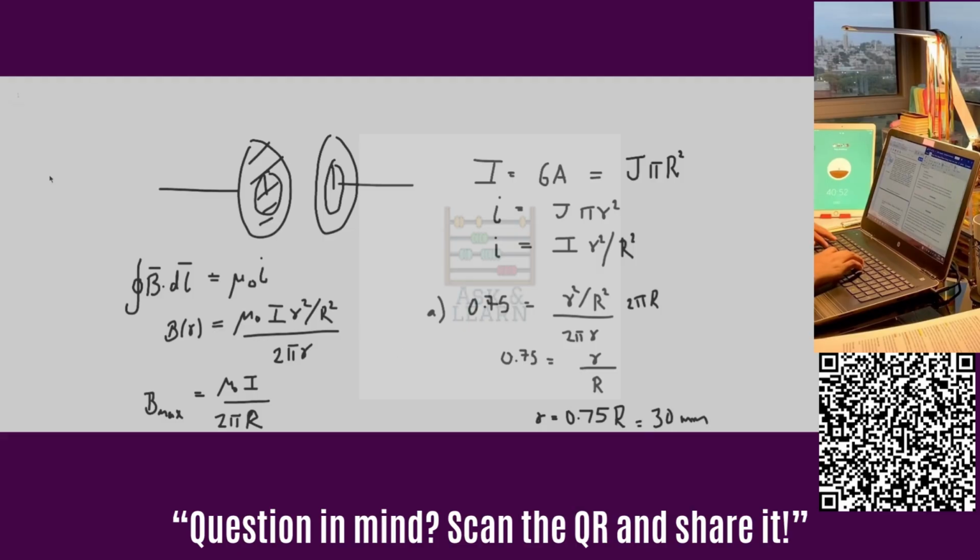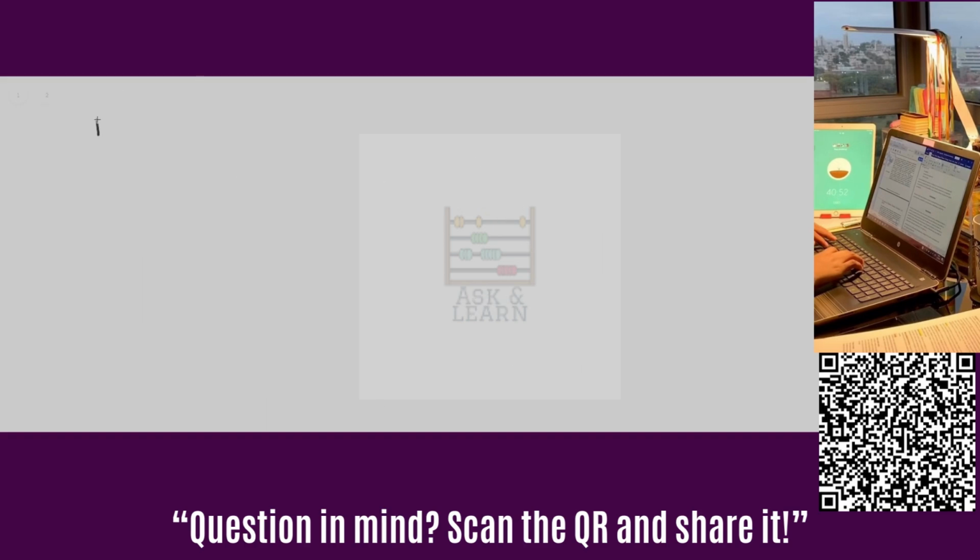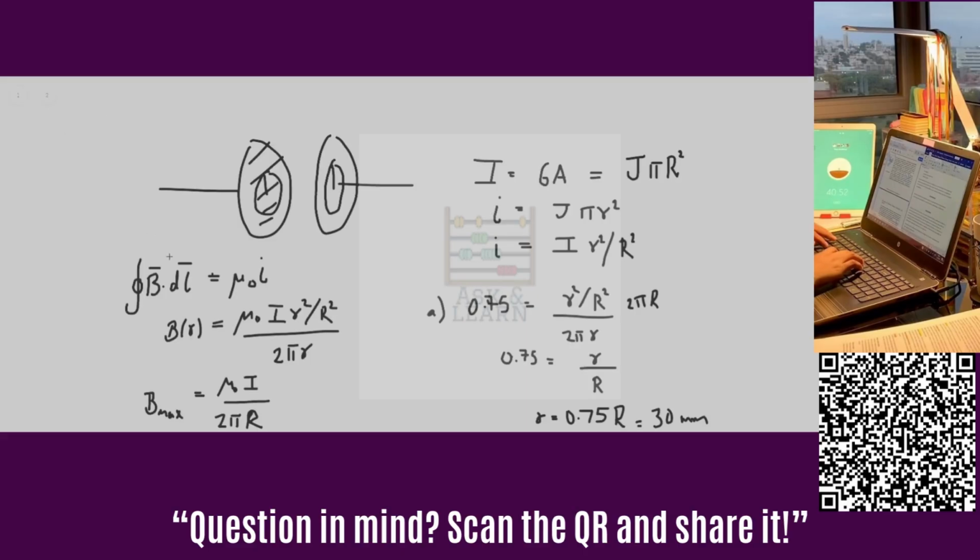Now we look at the second case. In the second case, we again need the 75%, but this time it will be outside. We need to take care of one thing here, and that is this factor remains the same because it's the maximum value, while this changes. As r increases, the current cannot actually increase.